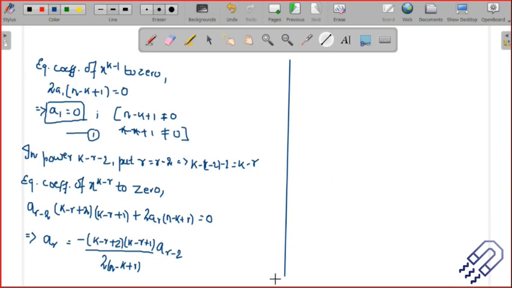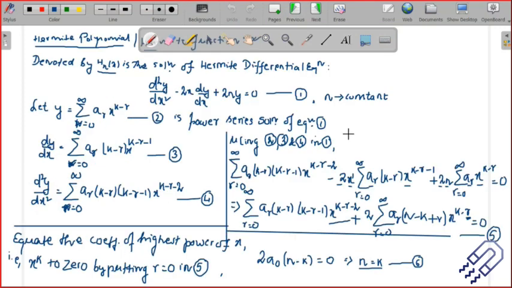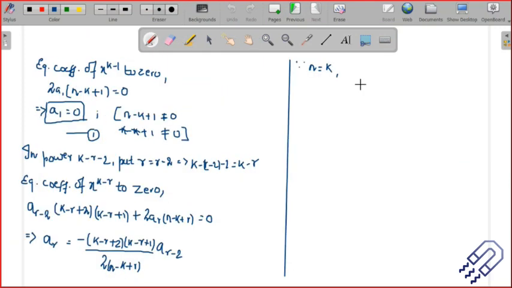So let me just replace it here. Since n is equal to k, we have found that out, that is why we are using that result. See, we have already found n is equal to k, and this is where we are going to use it. This is very important, you should not miss this step. So I can simply write ar is equal to minus, in place of k I will put n, it will be n minus r plus 2.